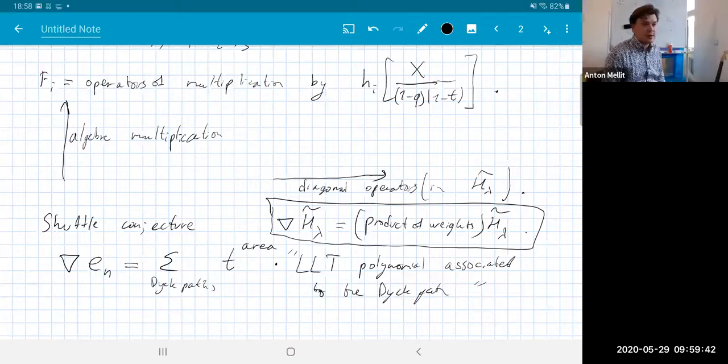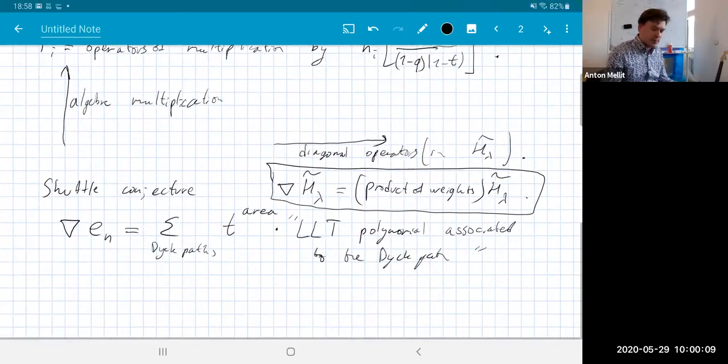So the point is that these q,t-Catalan numbers that I introduced in the beginning have some sort of generalization, which is not even a q,t function. Well, T to the area stays the same, but then there was q to the dinv, and now this q to the dinv becomes some symmetric function.